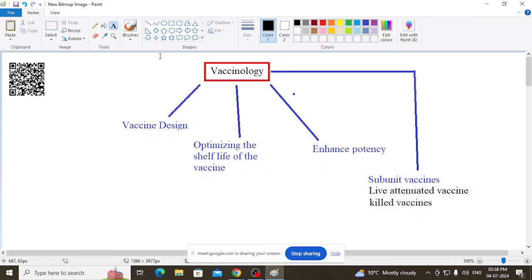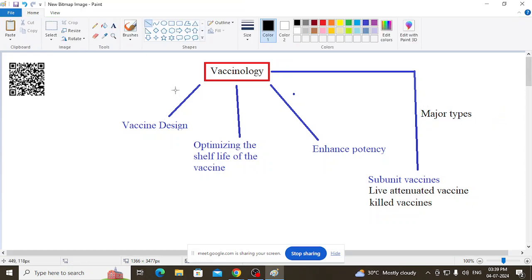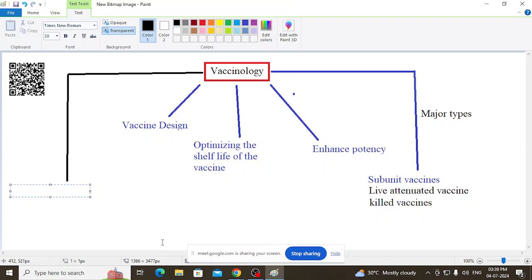The primary objective of a vaccine is to enhance what we call the adaptive immune response, which is acquired. It's an acquired trait.